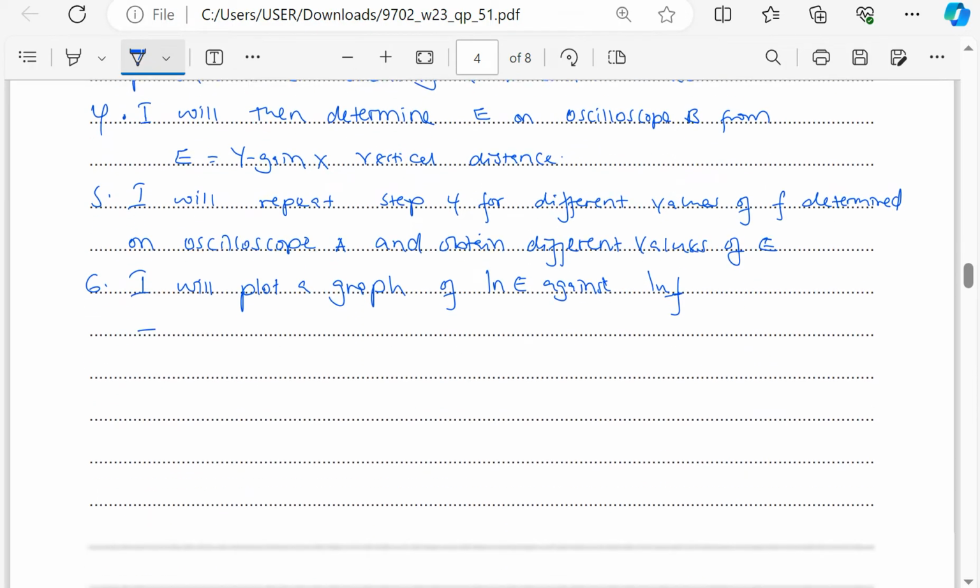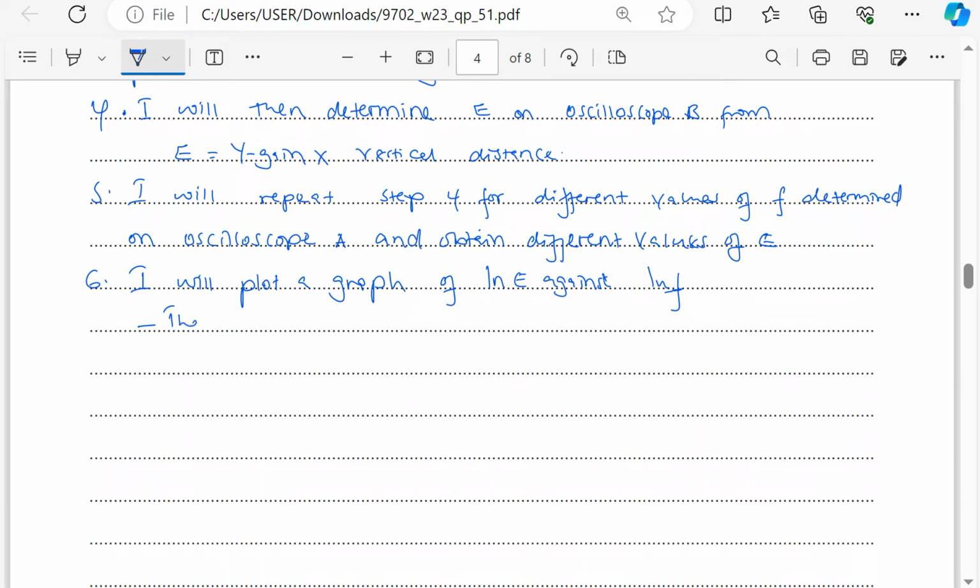It goes through ln of PV over R. So the relationship is valid if the graph is a straight line passing through the y-intercept, which was ln of PV over R.